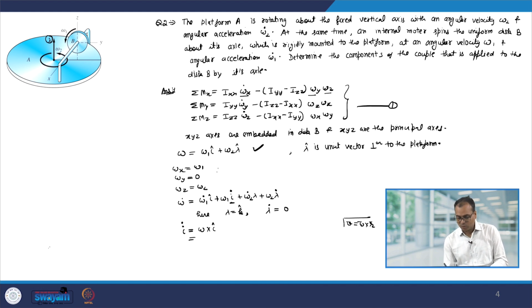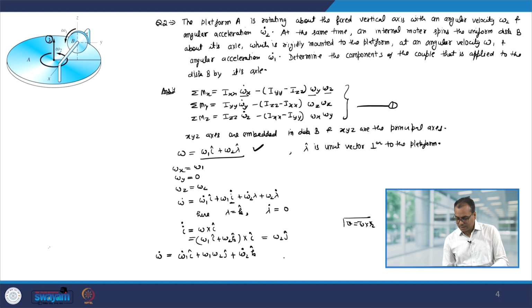We already have omega as omega 1 i plus omega 2 k, and its cross product with i gives omega 2 j. Therefore, my omega dot will be omega 1 dot i plus omega 1 omega 2 j plus omega 2 dot k.